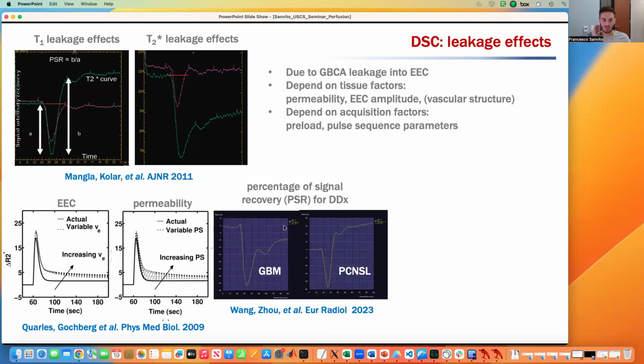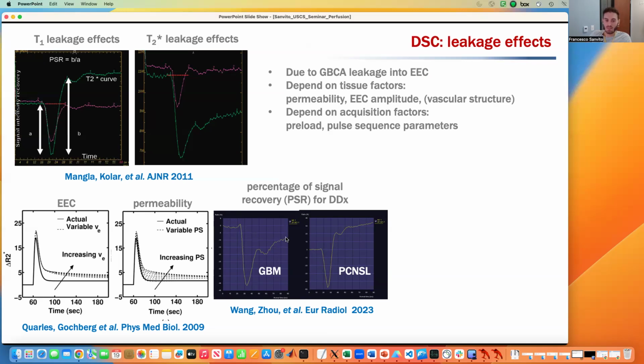But long story short, we've learned over time that different tumor types show a different profile of this curve. GBM can do a little bit more of T2 star leakage effects. Lymphomas can do a little bit more of T1 leakage effects. So some of these tissue factors cause the curve to be a little different in different tumor types. I'm calling these leakage effects for simplicity, but I actually prefer to call them post-bolus effects.